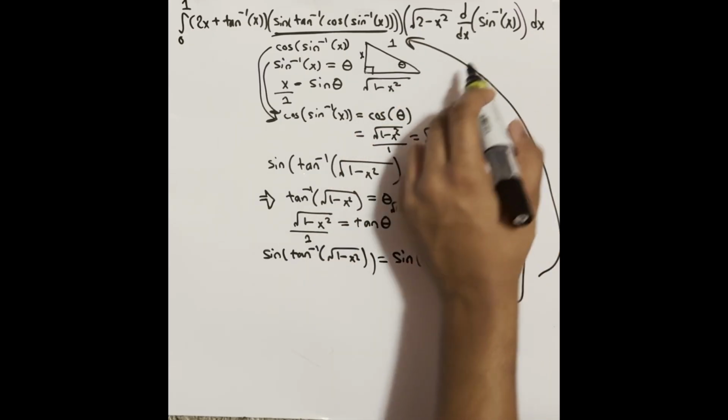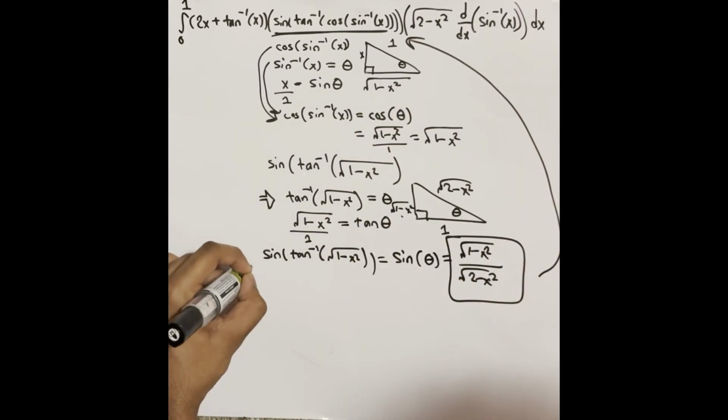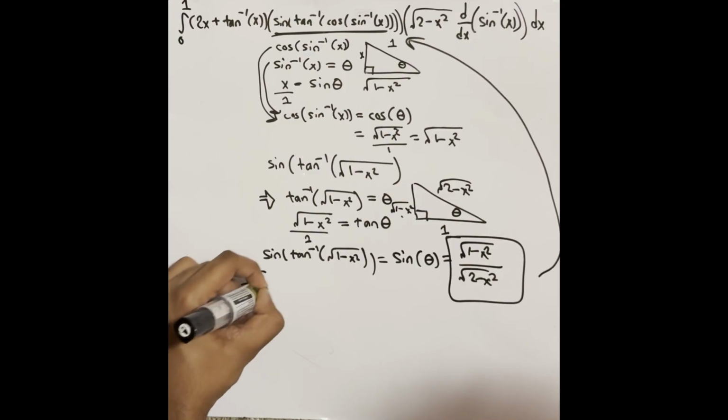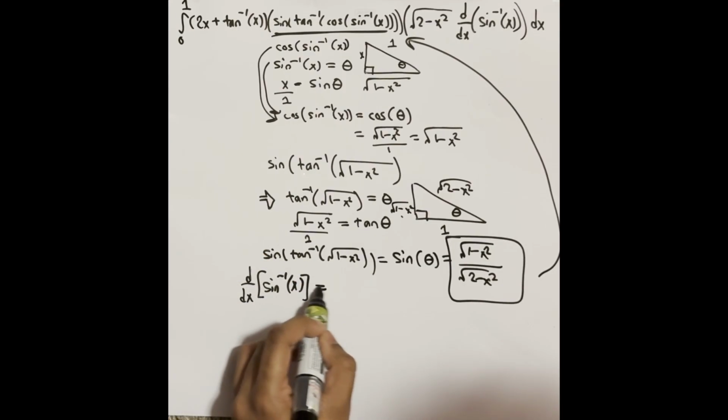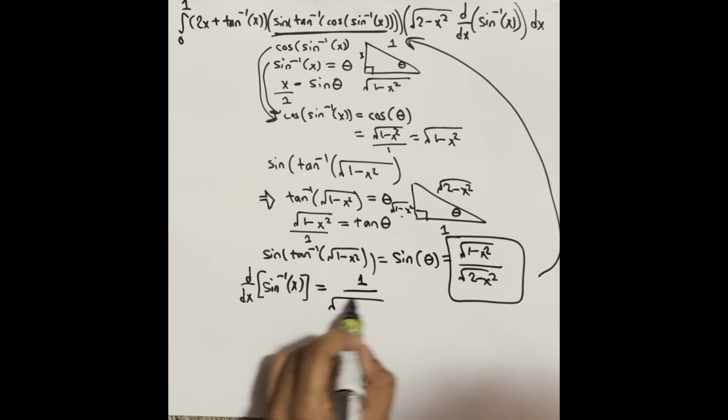Now let's solve the last part of the integral. We have the derivative with respect to x of arcsine of x, and so that's just going to be 1 over square root 1 minus x squared.